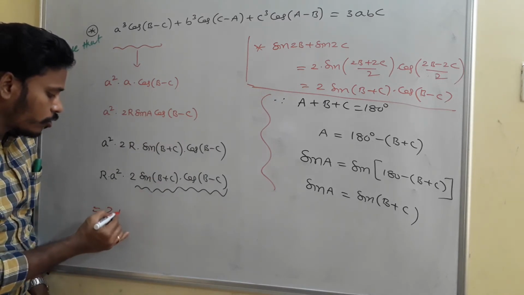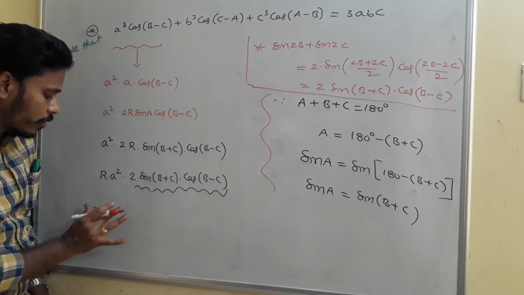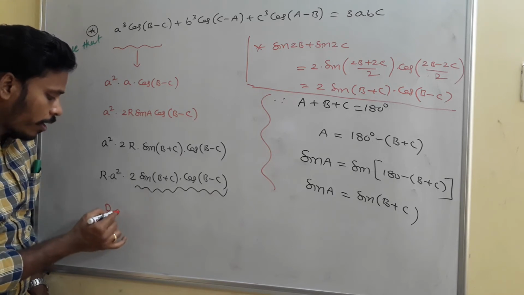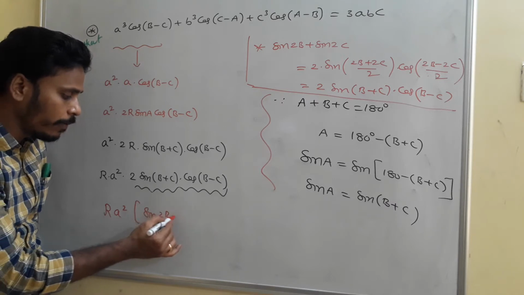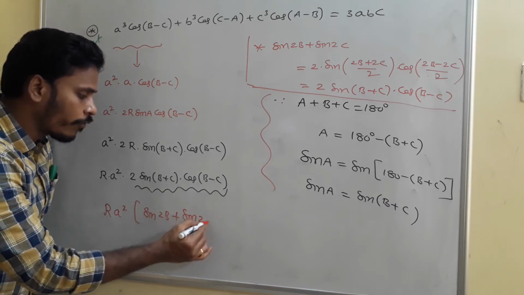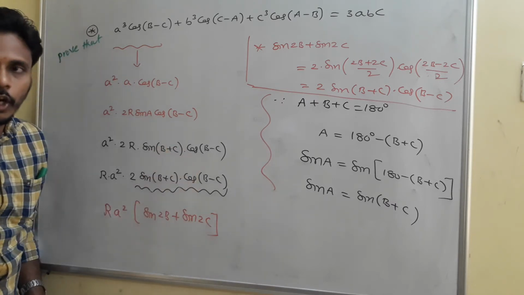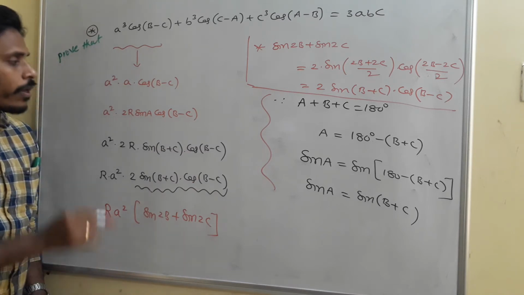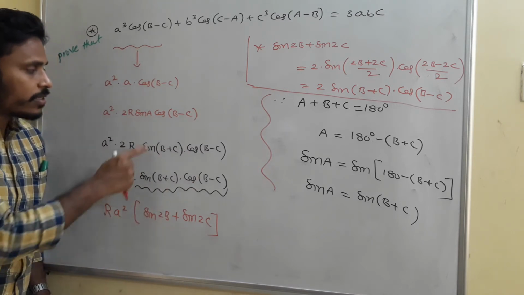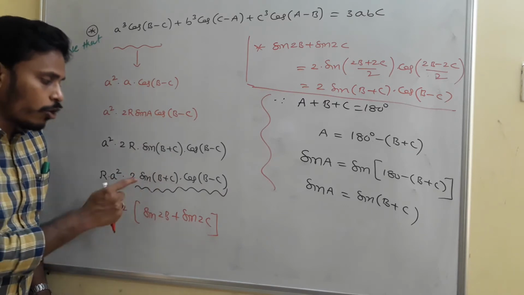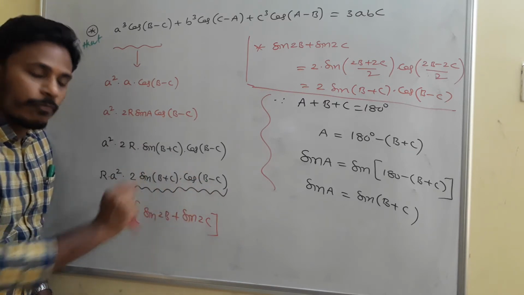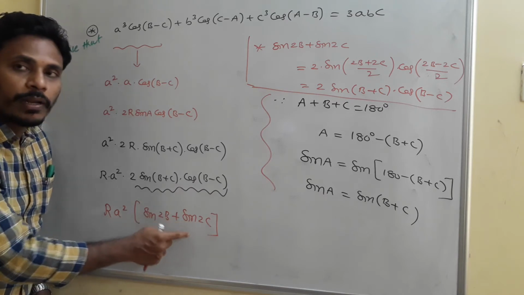So this is equal to r a square into (sin 2b plus sin 2c). Have a look once again. Here we are using two logics: sin a rewritten as sin(b plus c), and 2 sin(b plus c) cos(b minus c) as sin 2b plus sin 2c.